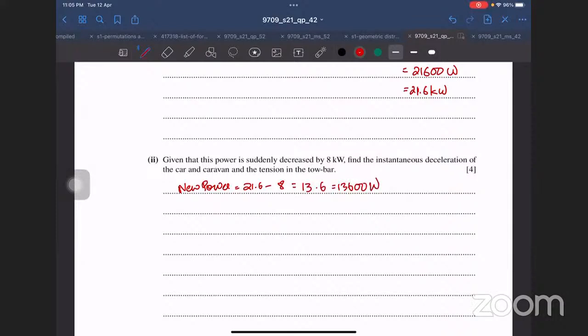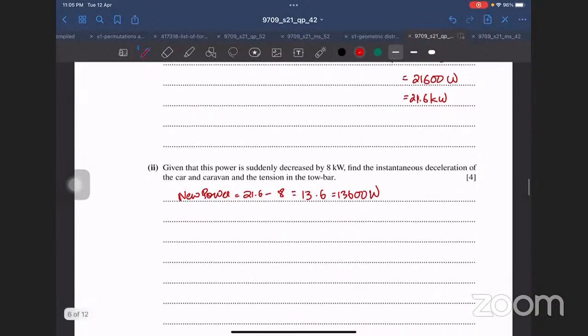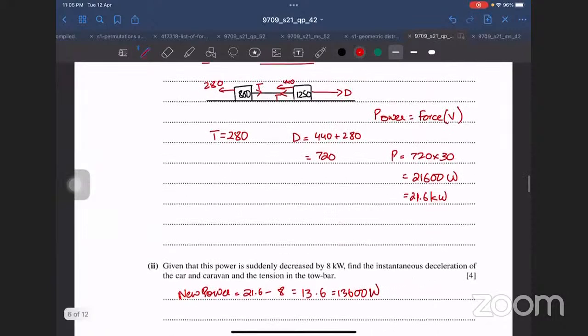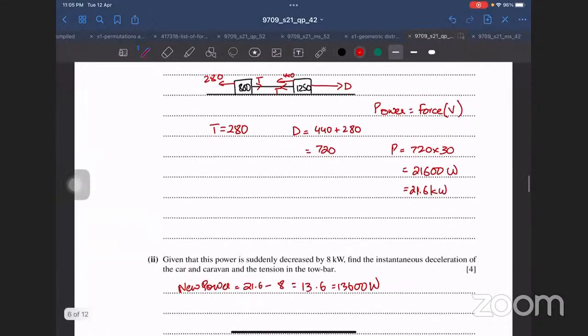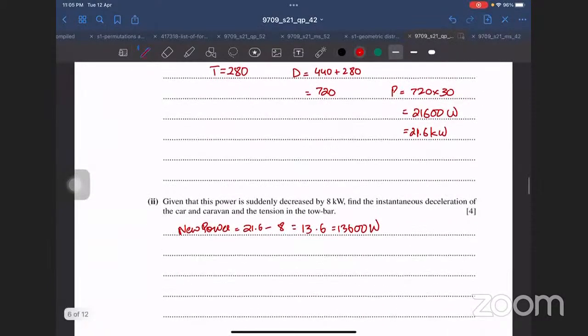Find the instantaneous deceleration of the car and caravan and the tension in the tow bar. Okay, so let me draw the diagram again.